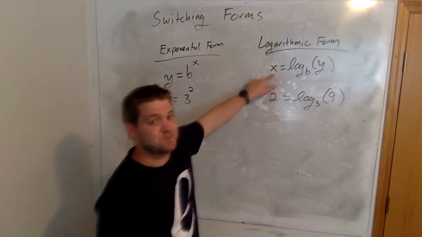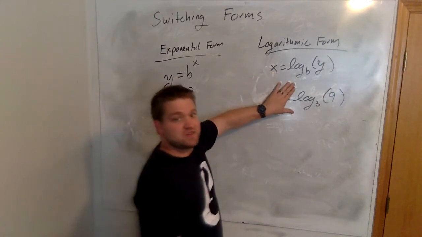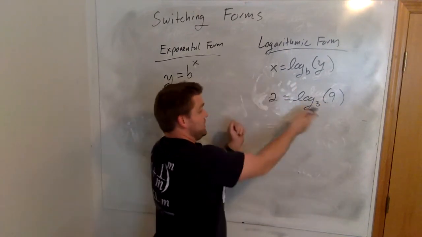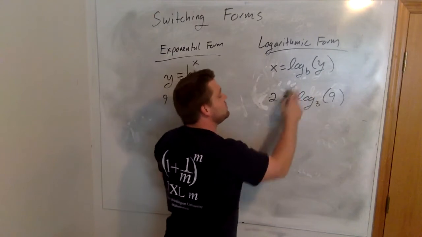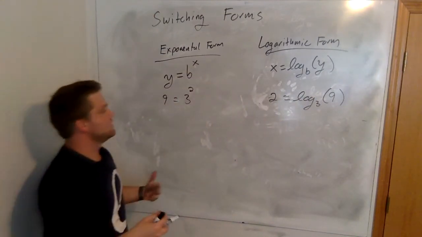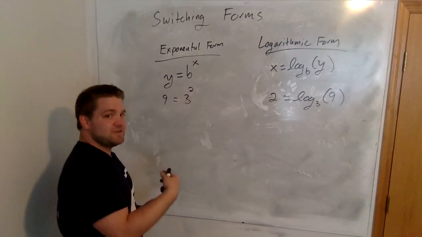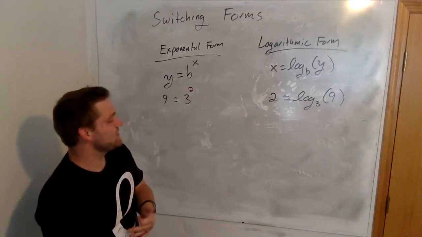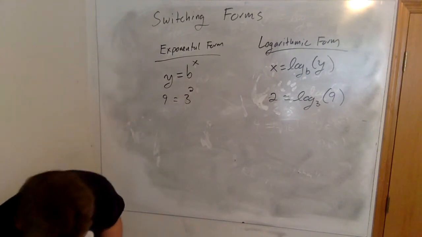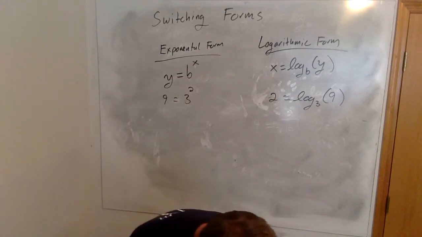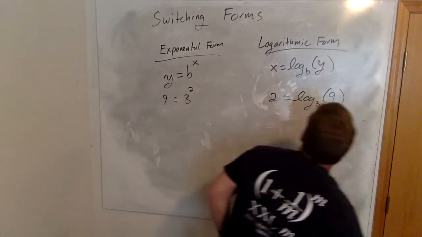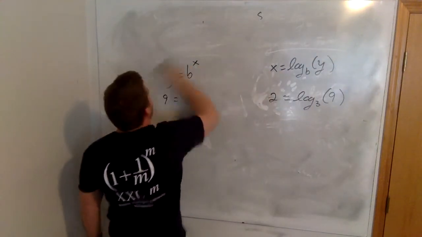Notice how this reads: 3 to what power gives you 9? 3 squared gives you 9. So I remember those two things: the base of the exponential is the same as the base of the logarithm, and logarithms are exponents. Let's do a little bit of practice with switching forms, and then I'll show you why it's so useful.